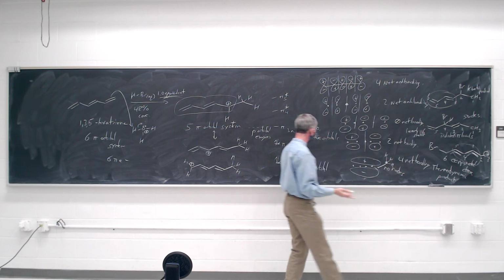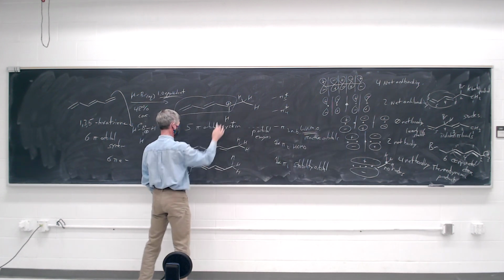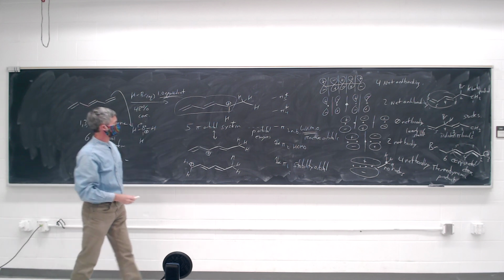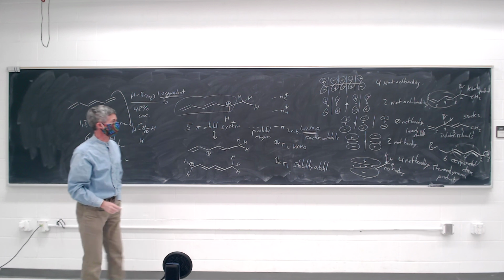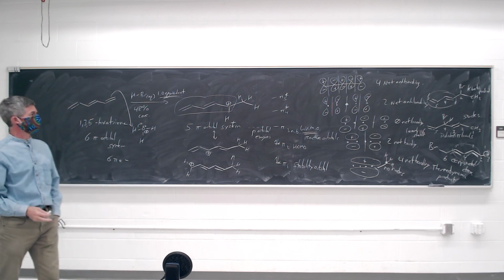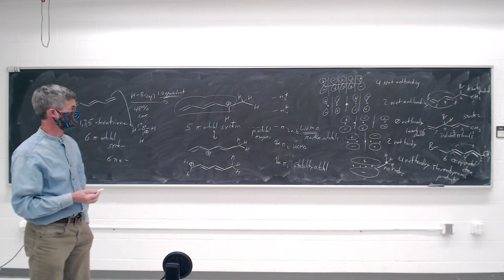The carbocation is roughly equally stable here as it is there, because those are both secondary carbocations. But obviously this one forms first because that's where the carbocation and the nucleophile is added. So you're going to get a mixture of 1-2 and 1-6. Maybe you'll get a little 1-4, but not very much, because it's not very stable.